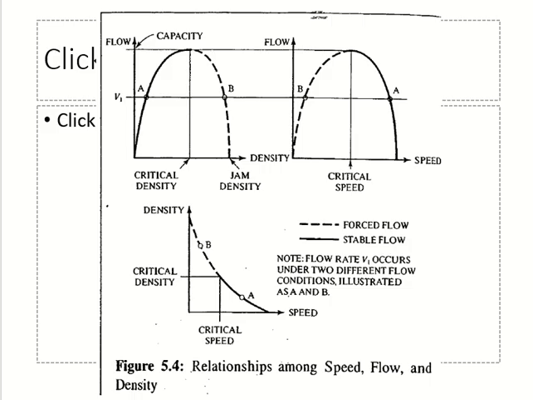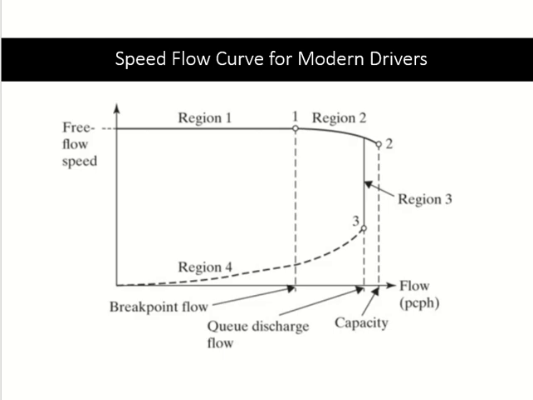Here it is vertical. If I make it horizontal, it will be like this, right? Okay, this is my capacity. Okay, clear? Okay, this is the actual graph.